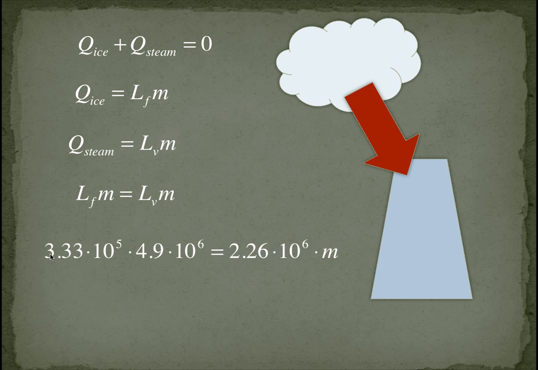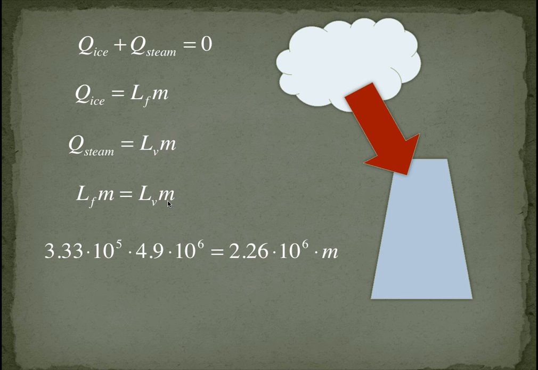So I have 3.33 times 10 to the 5th. That is latent heat of fusion. Mass is 4.9 times 10 to the 6th. That's the mass of that ice palace. And then right here, 2.26 times 10 to the 6th. That's latent heat of vaporization.